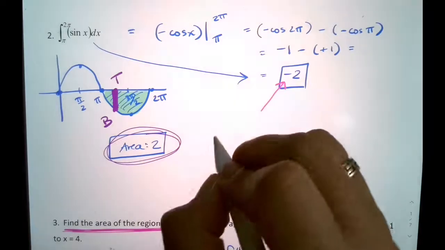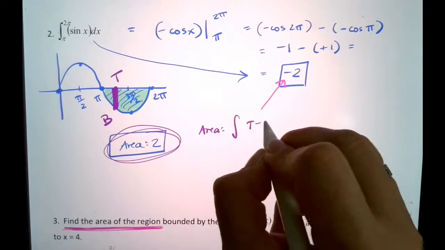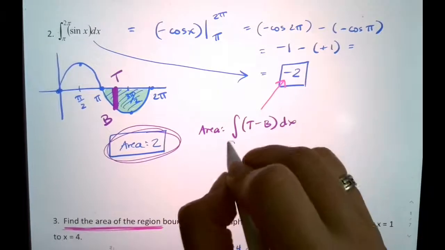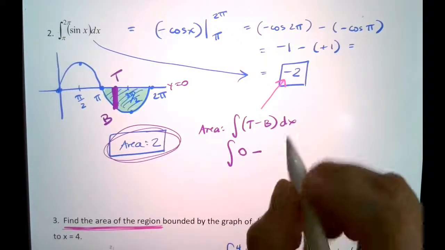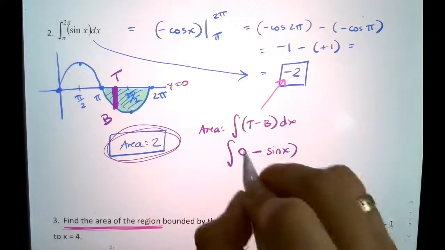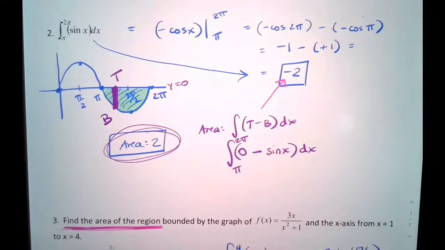What I'm going to do is say, I want to find the area of that shaded region. No problem. Let me do top minus bottom, dx. That is going to be y equals 0 minus the sine of x from pi to 2 pi, because that's what they had shaded. And this kind of handles the negative issue, right?